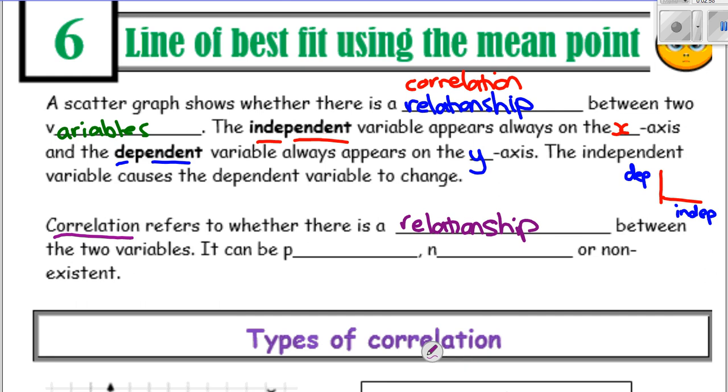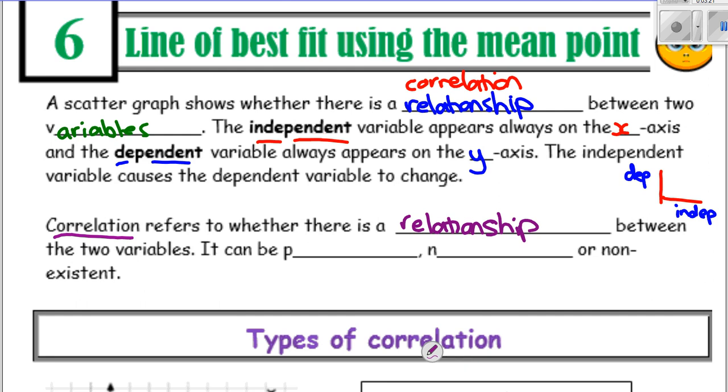What if you had something like your height as the independent variable and someone tried to say your IQ as the dependent variable? Of course there would be no correlation there, because there's no relationship between the height of a person and their IQ.